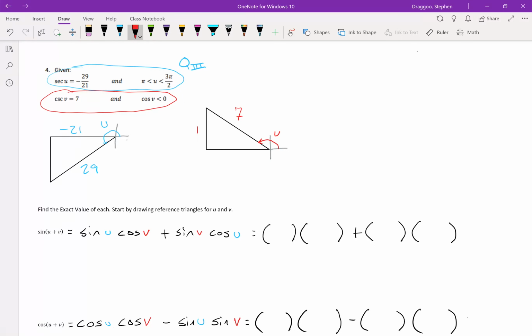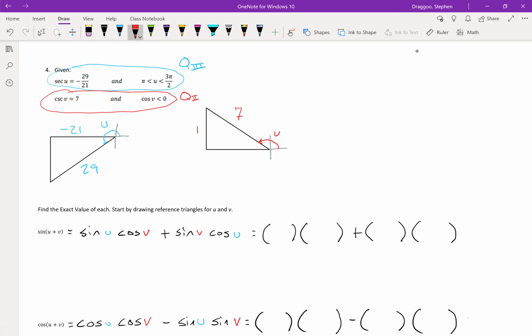And for that angle v, we're told that cosine is negative, and cosecant, or sine, is positive, which puts us in quadrant 2. So I've already put our reference angles in the appropriate quadrant.